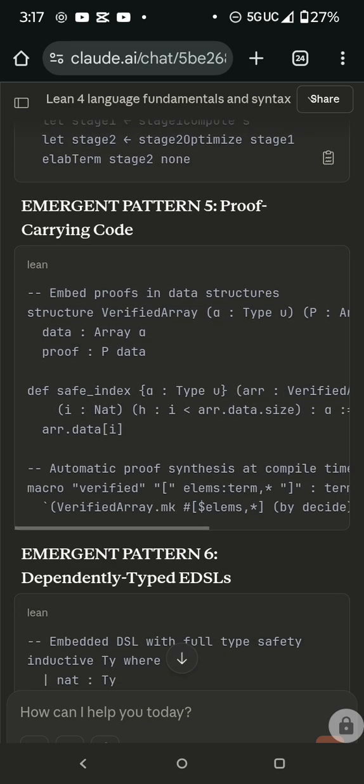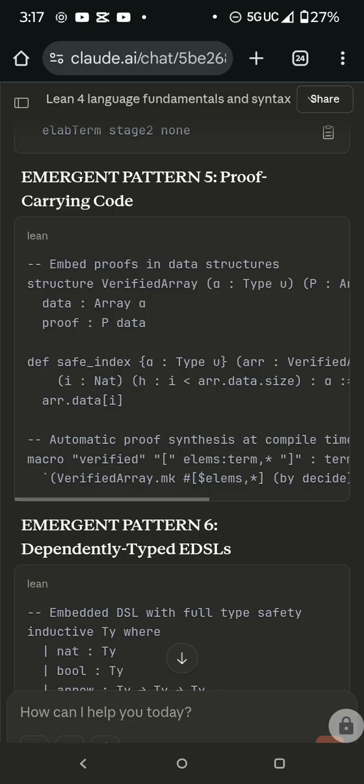Emergent pattern number 5, proof carrying code, embed proofs in data structures. This already seems like a potential quasi-holy grail. That's exactly right. We would want to embed proofs in data structures. You can imagine all the reasons why.